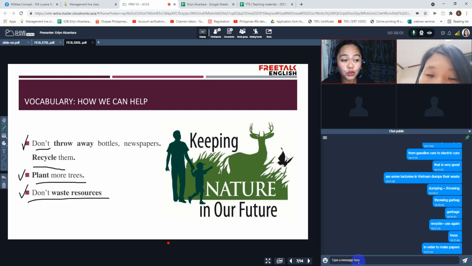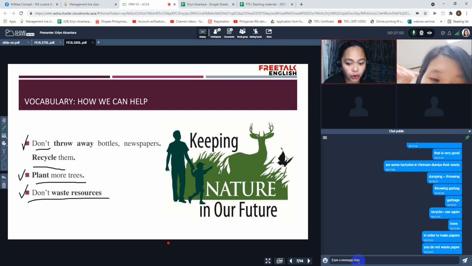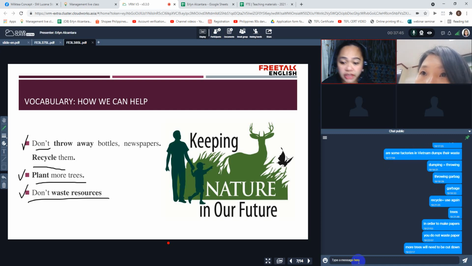So do not waste paper, because if you do, it means more trees will need to be cut down. So we do not waste paper so that fewer trees will be cut down. Okay?